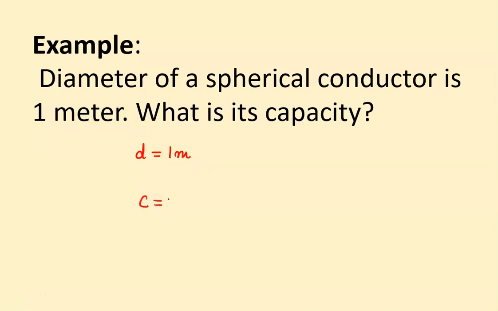And you know that the formula for capacity is 4 pi epsilon naught into R. This is the diameter that is given to you. From here you can find out the radius, and radius is equal to diameter upon 2, half of diameter. So this is equal to 1 upon 2 meter.